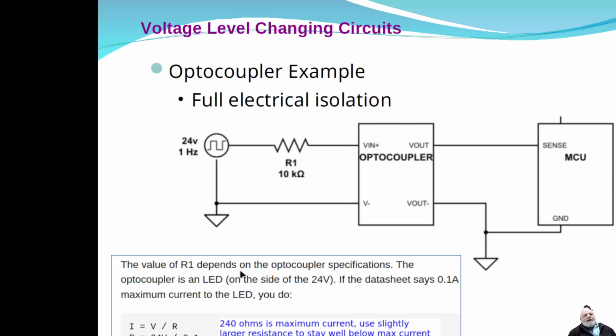All right, so down here in this box, I actually talk about this R1 a little bit. For this particular case, I guess they're saying that we had that input LED to the optocoupler, we had 24 volts, and the data sheet said that it could handle 0.1 amperes into the optocoupler, which is actually a huge amount of current.